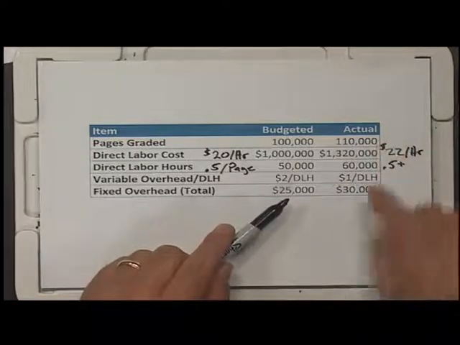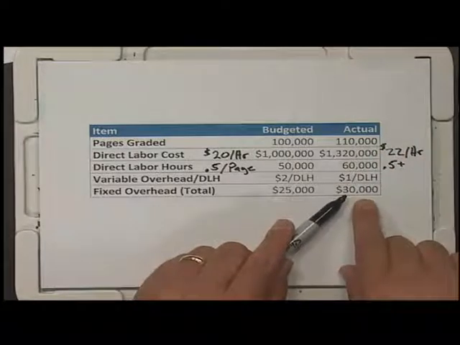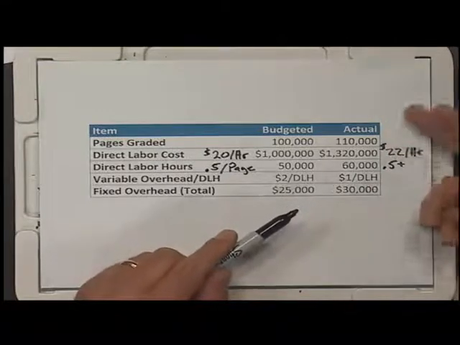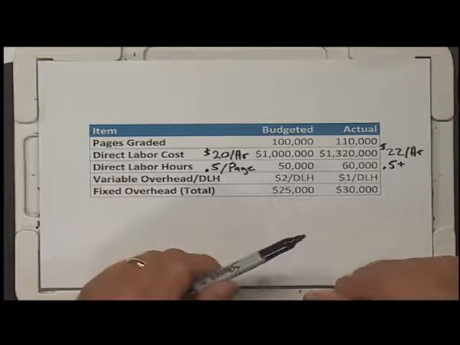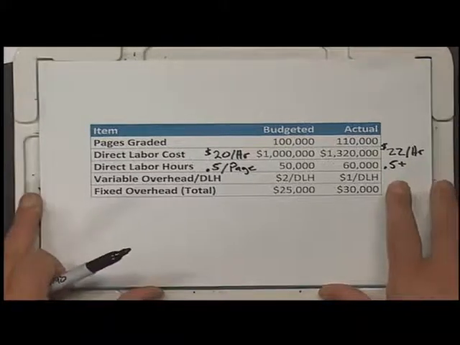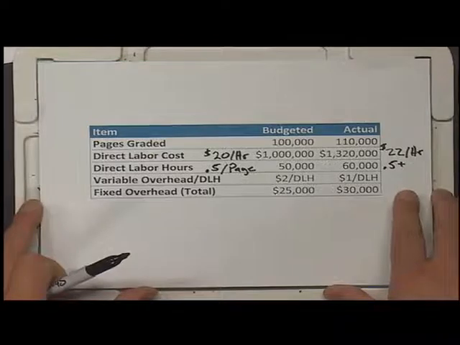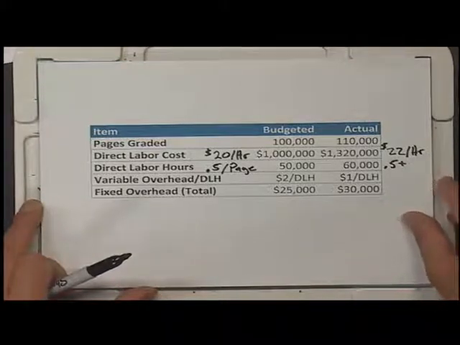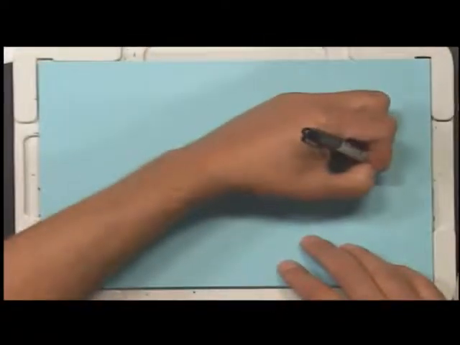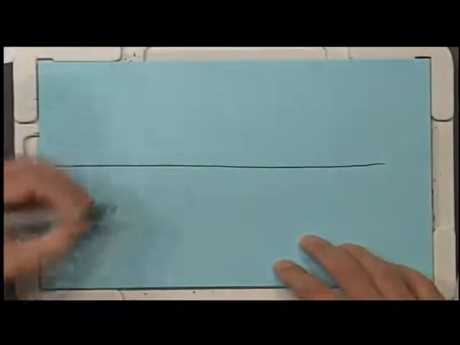We didn't spend $30,000 on fixed costs, $5,000 more than we thought, because we did more work, because by definition of fixed overhead, the amount that we're going to pay is independent of the amount of work that we do. So a rectangular decomposition isn't going to work for us. Instead, we're actually going to use a linear decomposition.